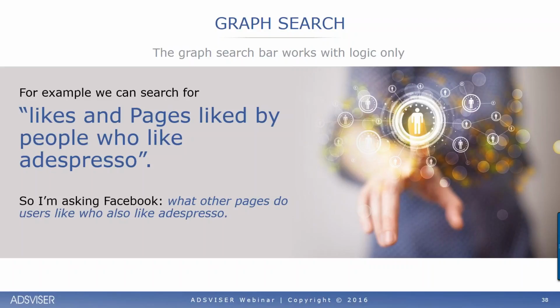So potentially I have a product that is similar to Adsviser, and we want to figure out what our interests are, and what sort of things we need to target. So what we're going to ask is this question.